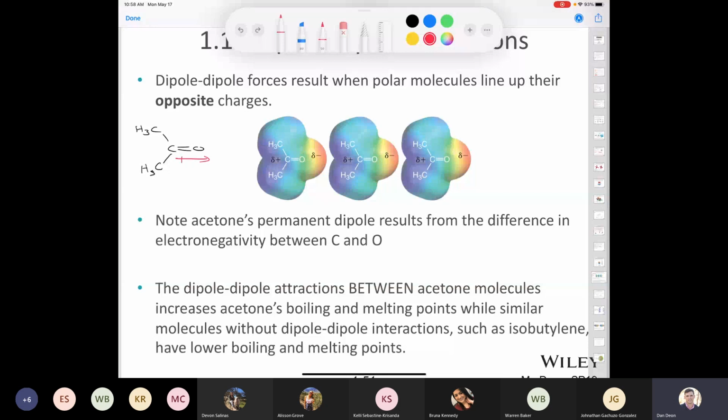Well, are they just going to align themselves randomly? To some extent, probably yes. But what about the permanent dipole in the molecule, right?